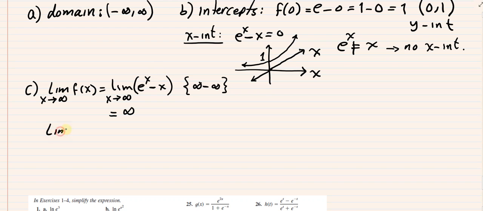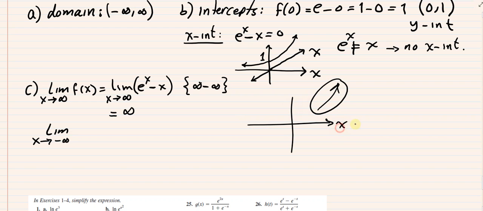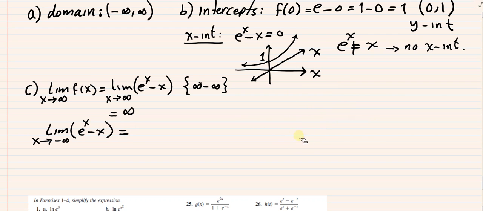What about the limit as x goes to negative infinity? Of e to the x minus x. For the exponential function, as x goes to negative infinity, that part approaches 0.